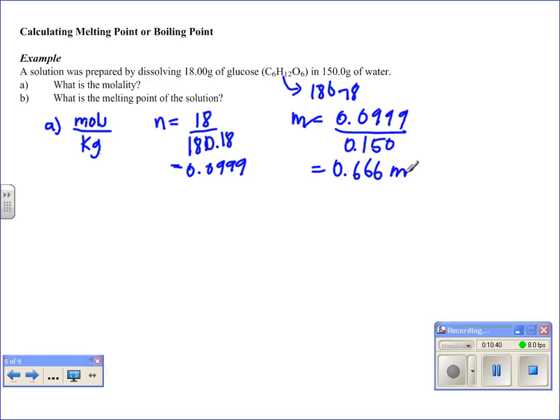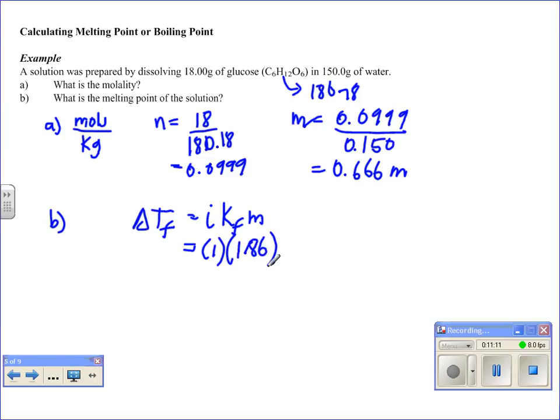To find the melting point of the solution, we need to find the freezing point depression that is caused by this solution. So we're going to use the relationship delta Tf is equal to i Kf m. i in this case, because we're dealing with glucose, which is molecular, is 1. The solvent that we're dealing with here is water, and the freezing point constant for water is 1.86. The molality of the solution is 0.66.